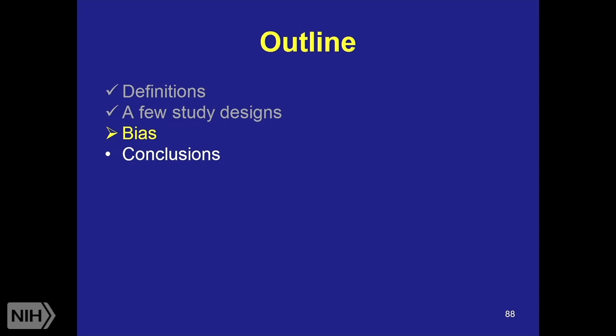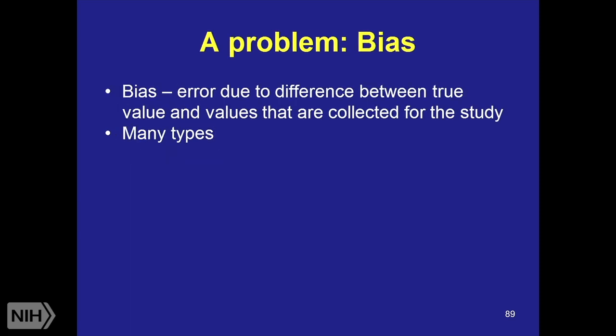So now let's talk a little bit about bias. Some folks are going to talk to you about 20 different types of bias. I don't care about the labels. Other people do. So when you take their exams, care about the labels. As a statistician, all I care about is there's error.